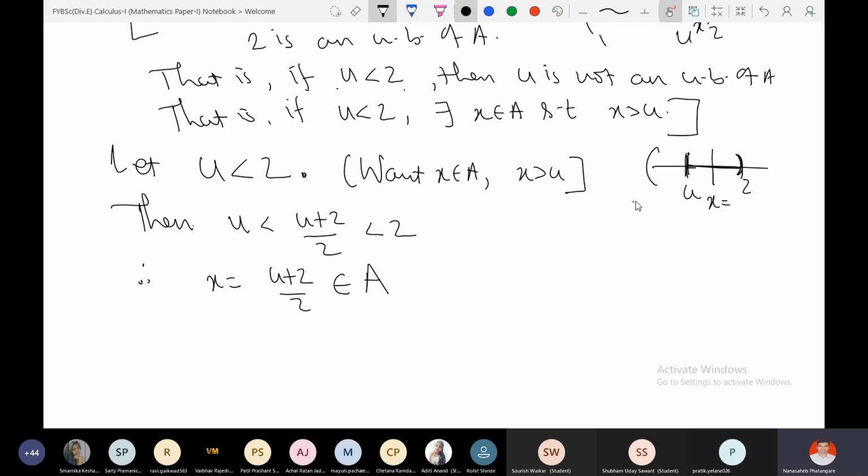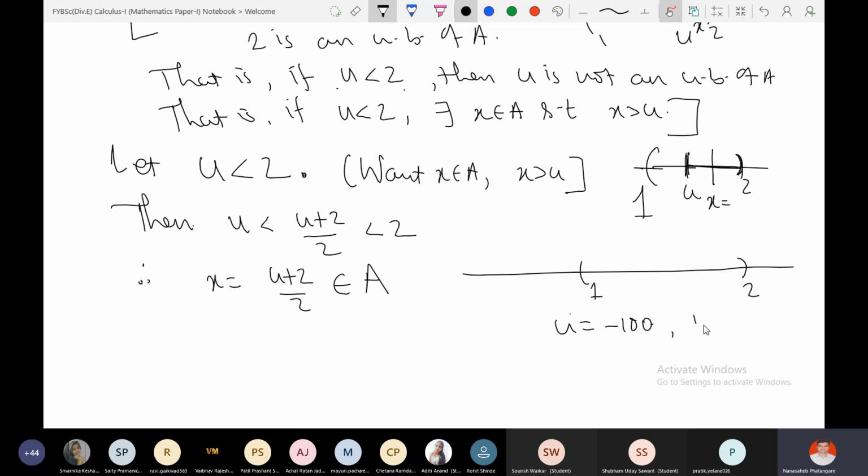Yes, sir. Again, there is some ambiguity. What is the ambiguity? As a mathematics student, you have to take care of the worst possible situations, right? I am saying u is less than 2. Suppose I take u equal to minus 100.